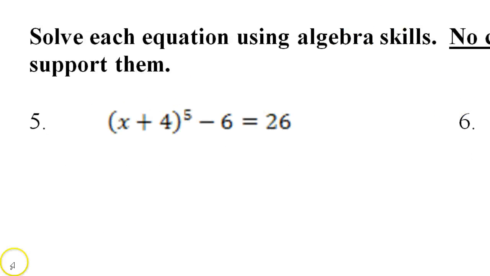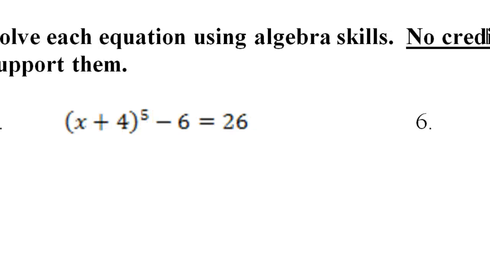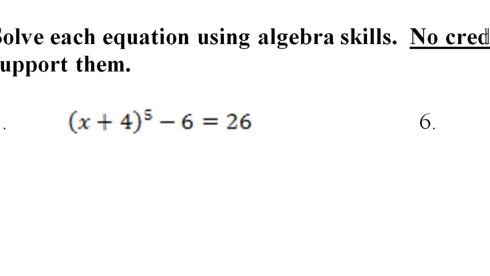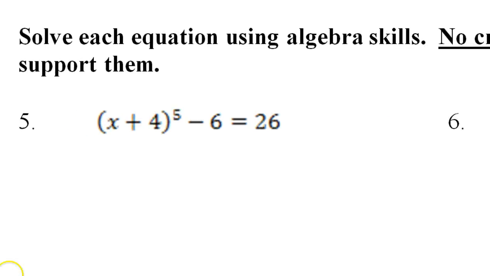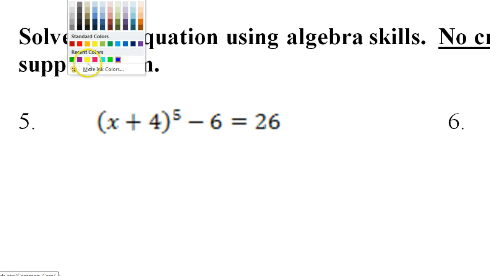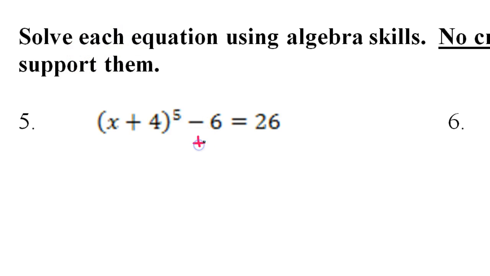Alright, for number 5, we're supposed to solve each equation using algebra skills. Okay, no TI-30XS multi-view shenanigans. Okay, so we want to get the parentheses variable part by itself, so let's add 6 to both sides.